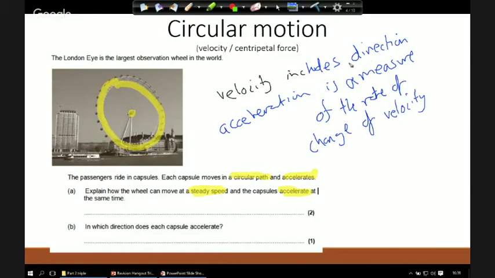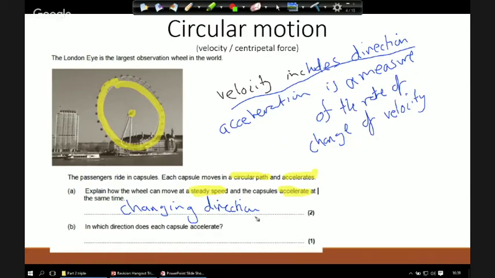I've written it in quite a complicated way. It doesn't have to be written as complicated as that. So velocity includes direction, and acceleration is a measure of the change in velocity. Well, in a nutshell, it's because each pod is changing direction. And that velocity includes a change of direction, and acceleration is a measure of the change in velocity.